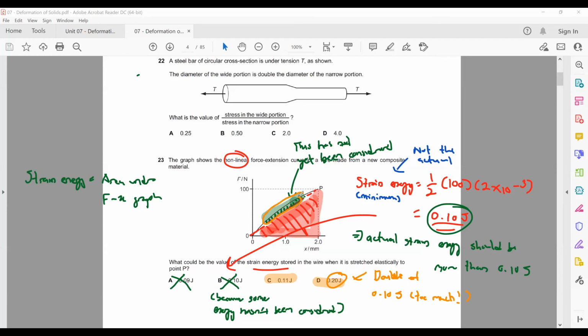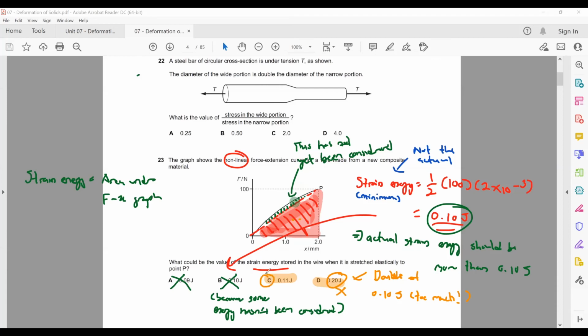This small area represents a small amount of energy. It's no way going to be the same as this one here. If you say 0.20 joules, that would mean that the area you haven't taken into account is as large as the one that you just calculated. Only then would you have double the energy. So this one is actually too much. It cannot be the answer.